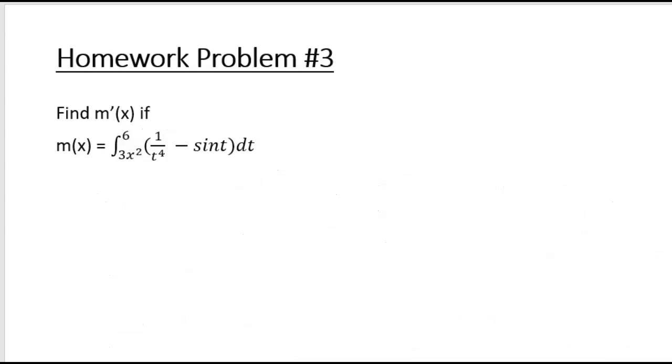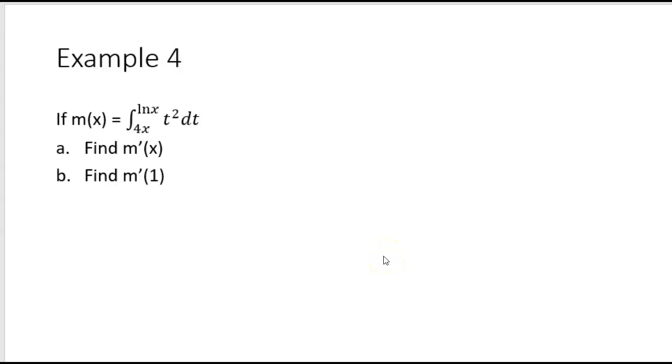Okay. All right. And we'll go ahead and take a look at one more problem before we call it quits for the day. Example problem number 4. And the only difference about number 4 is that afterwards we're going to plug a number in. So I want to show you guys how to do that. Okay. So part A is asking me to do what we've been doing, which is to find the derivative.